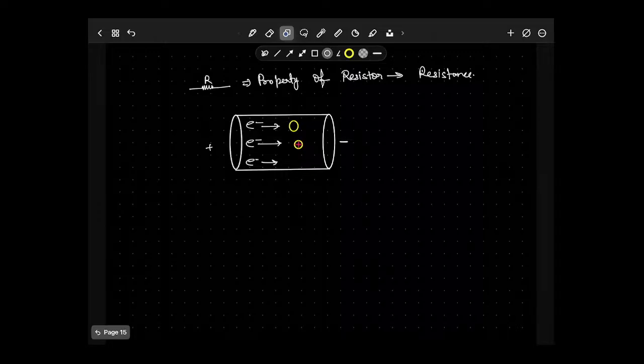These atoms will resist the flow of electrons, because when the electron moves, it will collide with these atoms and fellow electrons, and therefore the path will become random. The electron will move in a random direction.